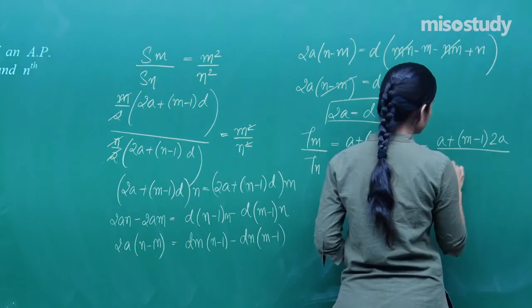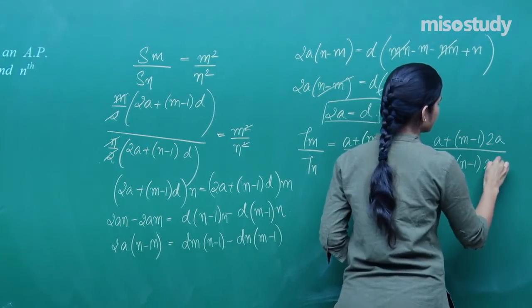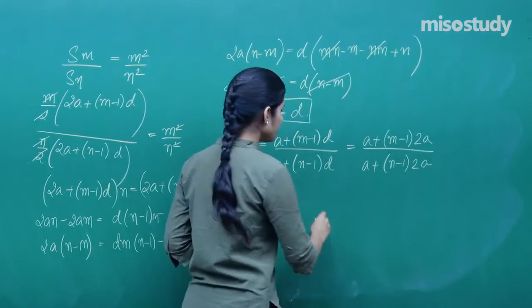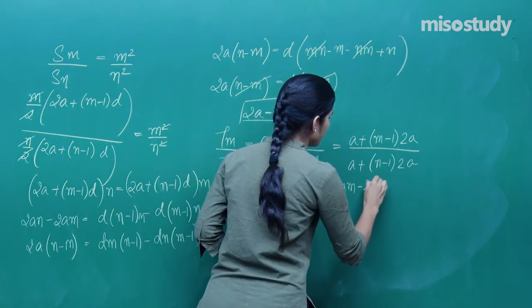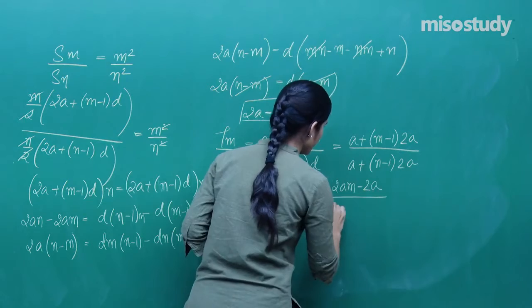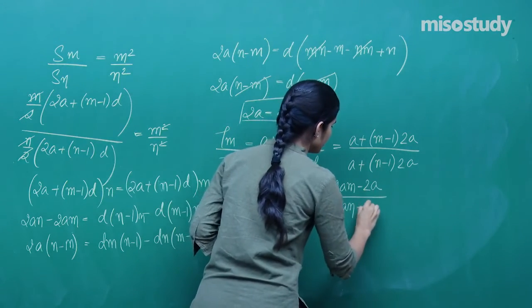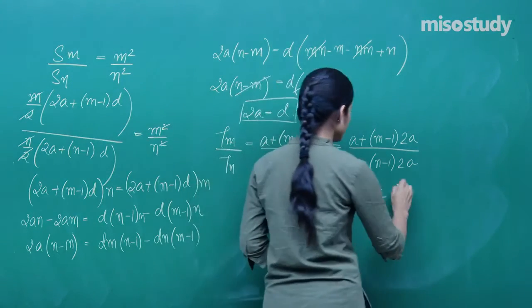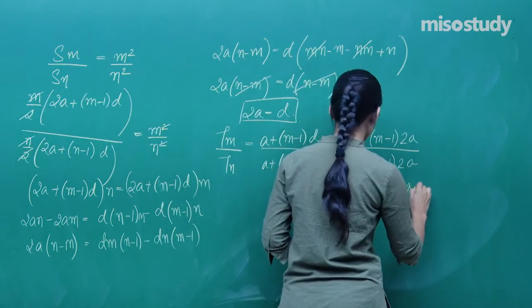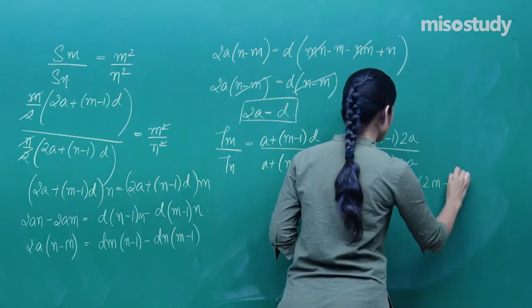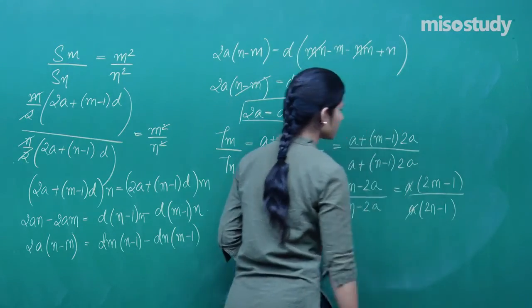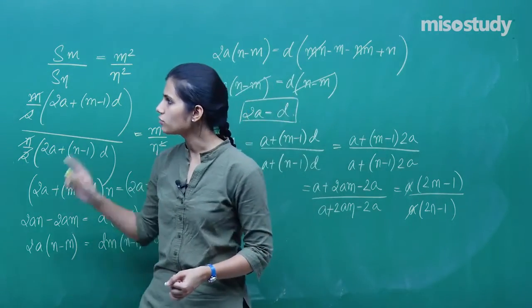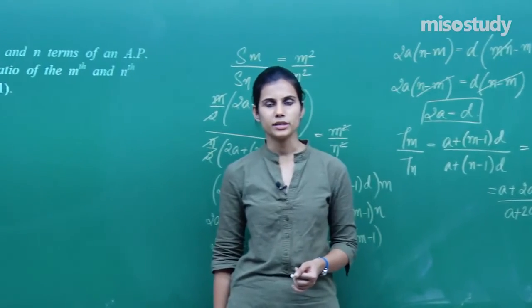So what do you get? You get a plus 2am minus 2a upon a plus 2an minus 2a, which gives you a common 2m minus 1, a common 2n minus 1, and the ratio is 2m minus 1 is to 2n minus 1.